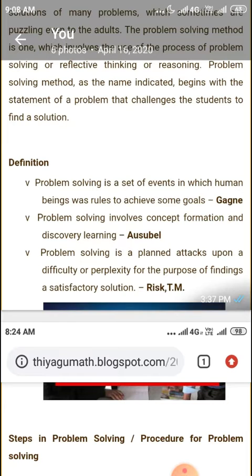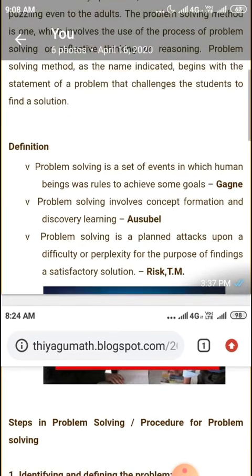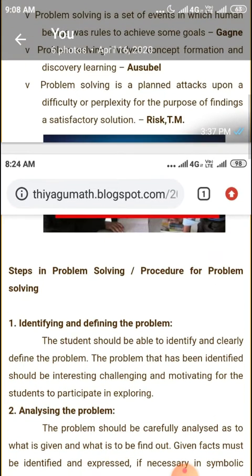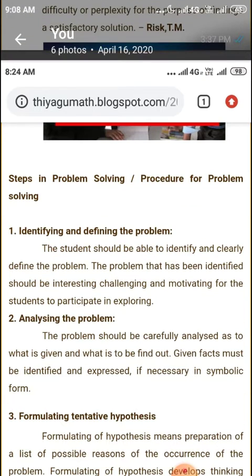Again, another definition: problem solving is a planned attack upon a difficulty or perplexity for the purpose of finding a satisfactory solution. These are the various definitions of problem solving method.